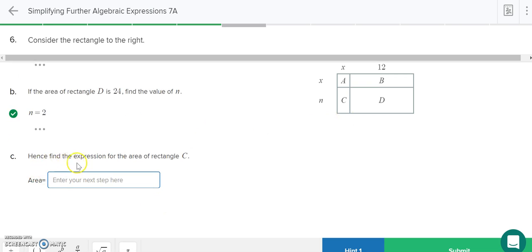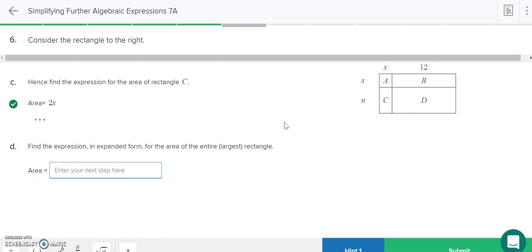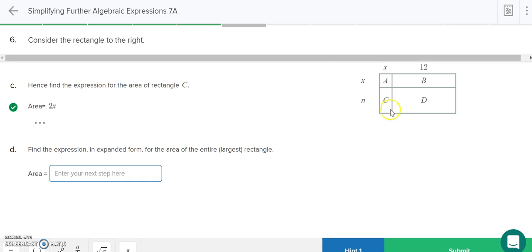And then it says, hence find the expression for the area of rectangle C. So C is going to be this length here by this width, which is 2 lots of x. And then it says, find the expression in expanded form for the area of the entire, the largest rectangle. Okay, so I figured out n now, so I'm going to have x plus 12 in a bracket multiplied by x plus 2 in a bracket.